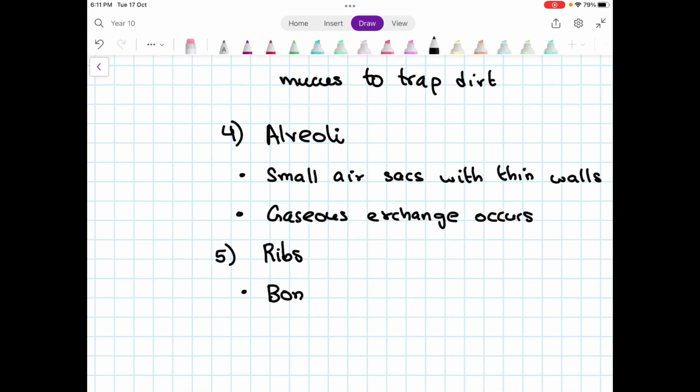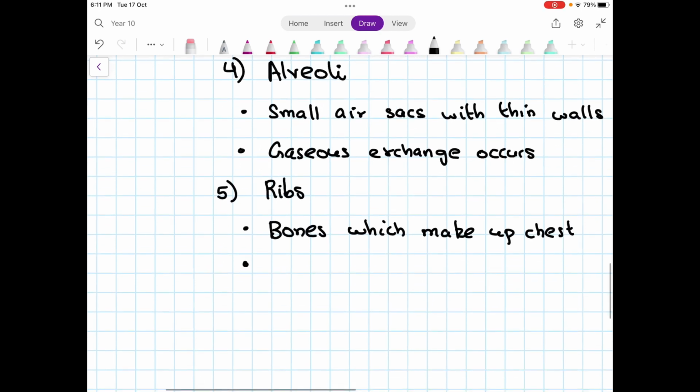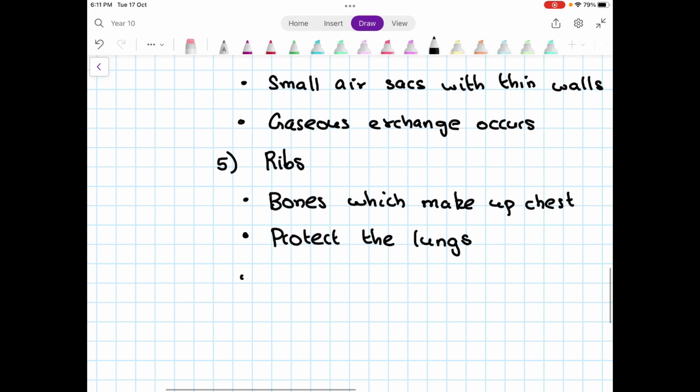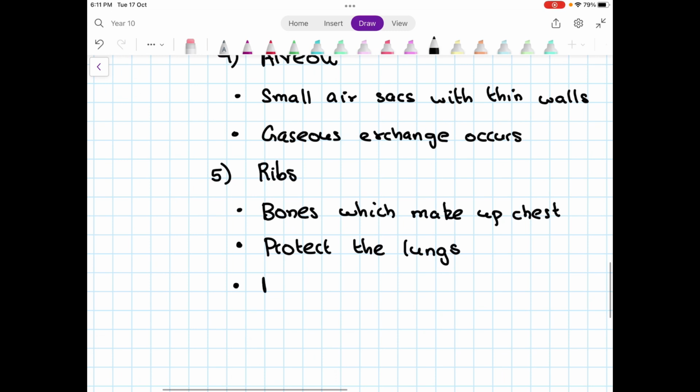Another important part of the thorax are the ribs. And ribs are bones which make up the chest wall. They protect the lungs. And during inhalation or exhalation, they move.